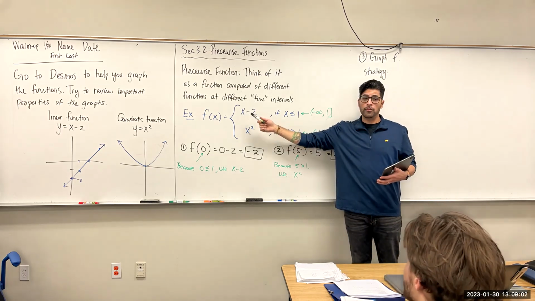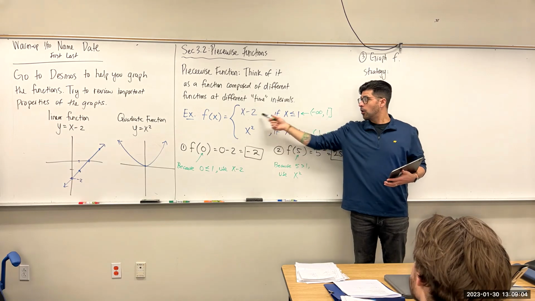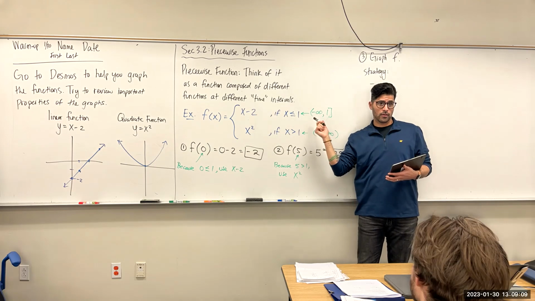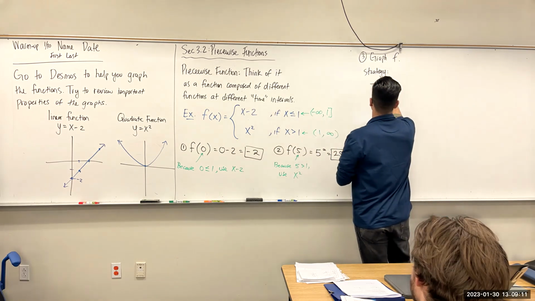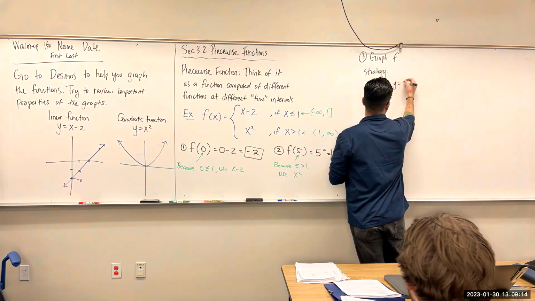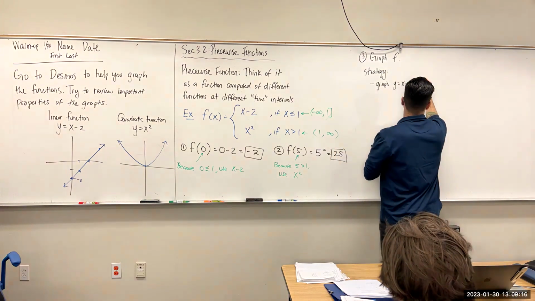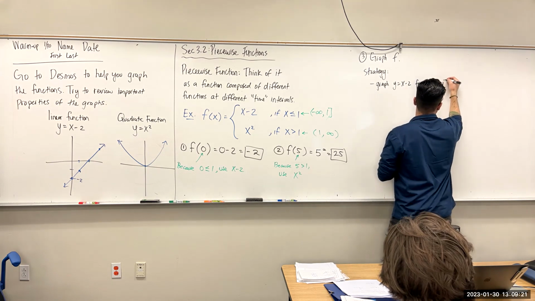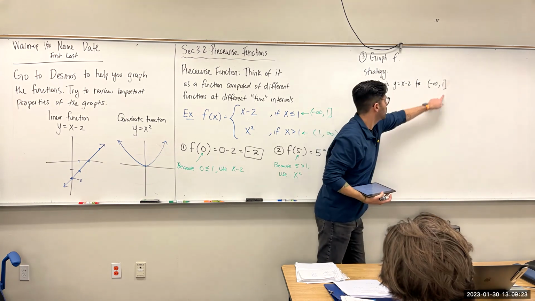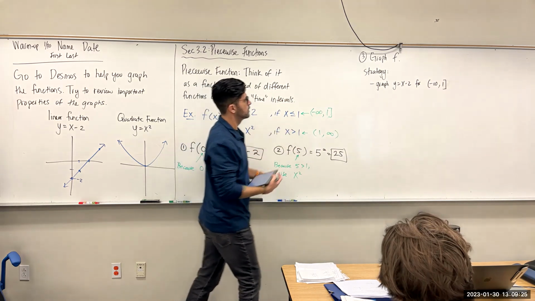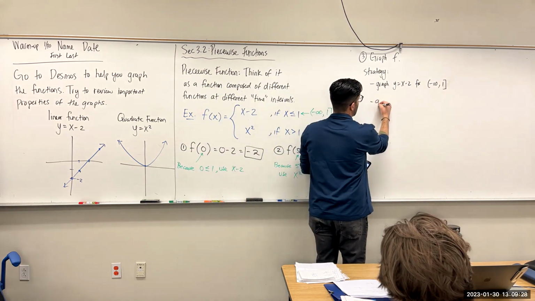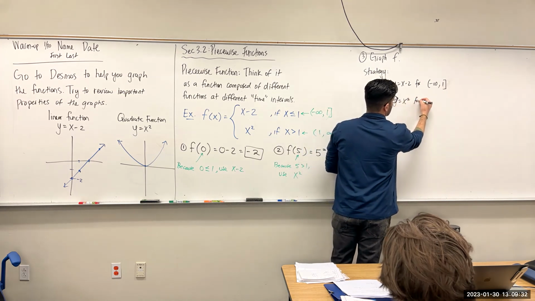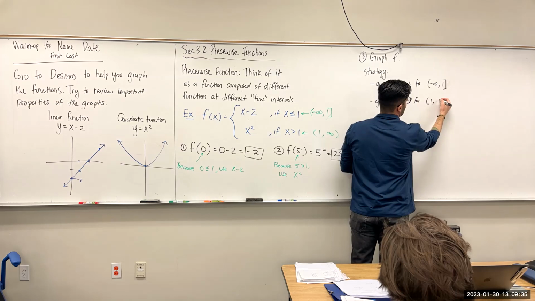You're going to want to graph both functions, but only on the intervals that satisfy those conditions. So for example, you're going to graph y equals x minus 2 for the interval negative infinity to 1. And you want to make sure you include the 1 because there's an equal here. And then you're going to graph the second function, which is x squared, but you're only going to do it for the second interval, 1 to infinity.